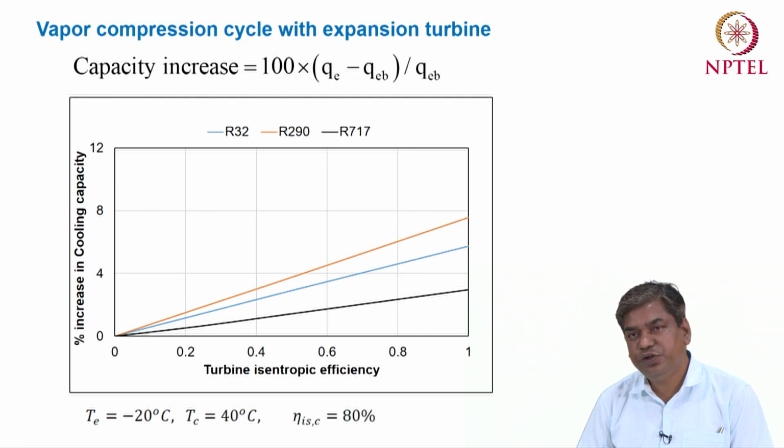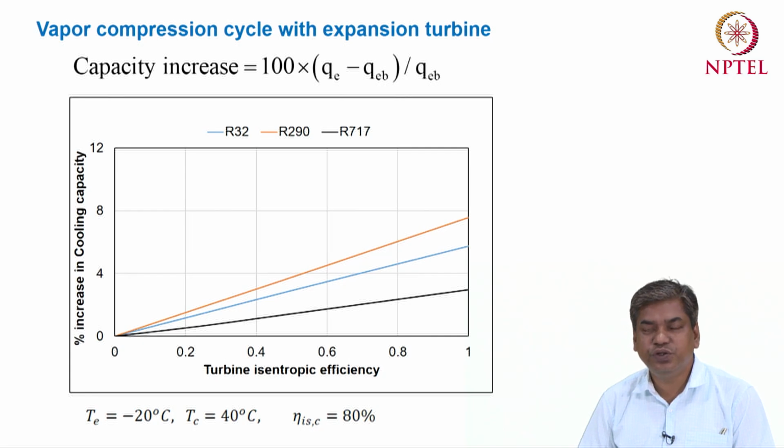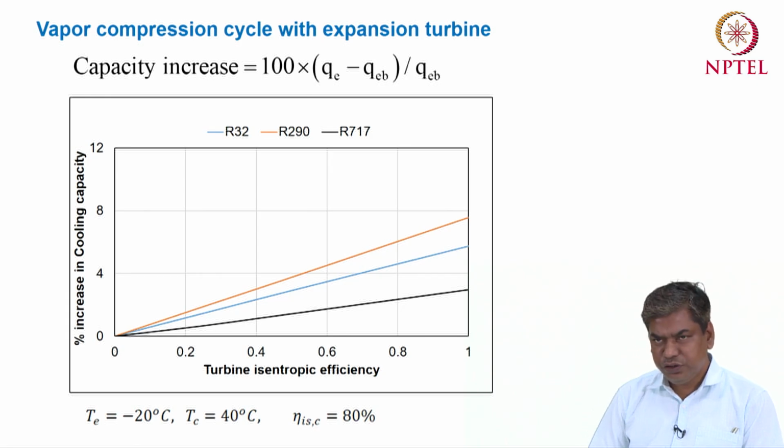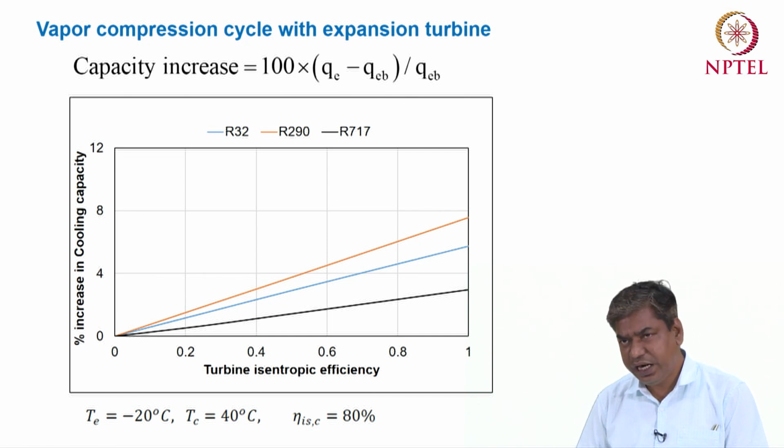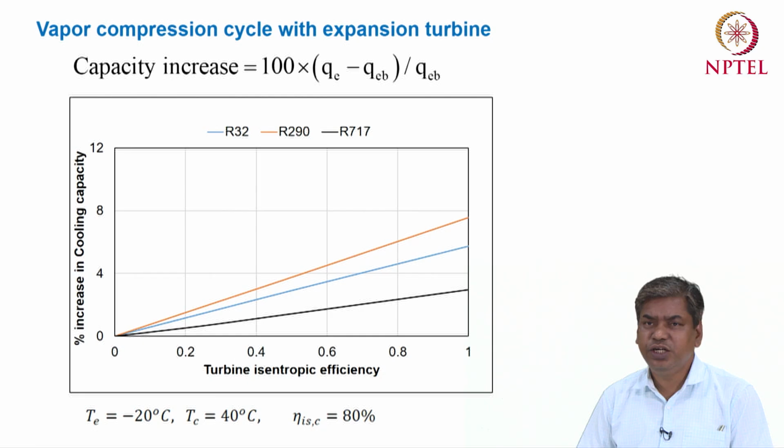So, I have already told that a turbine isentropic efficiency equal to 0 basically represents the isenthalpic process, and if the isentropic efficiency is 1 or 100%, that means the process is the isentropic process. Okay, so the actual isentropic efficiency is obviously in between, and depending on the turbine used, that efficiency can vary.